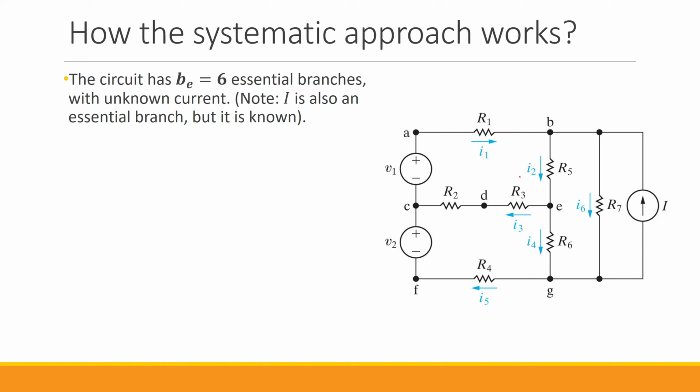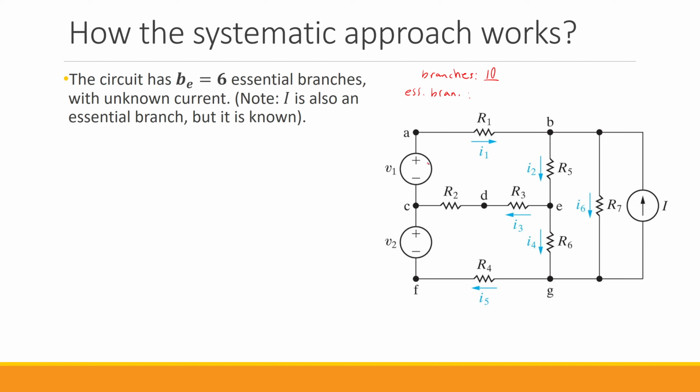So how many branches do we have in this circuit? Branches, you remember from before, are basically elements. How many elements do we have? In this circuit we have 10 branches. But out of those 10, how many of them are essential branches? V1 and R1, the combination, is an essential branch.